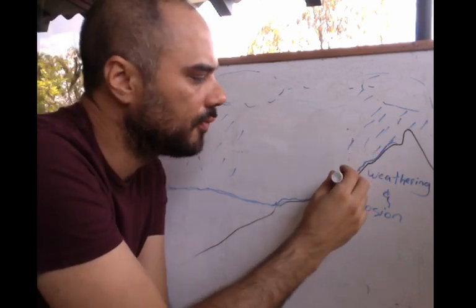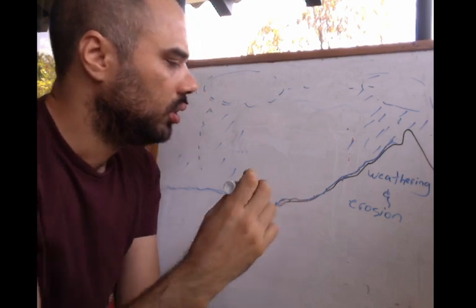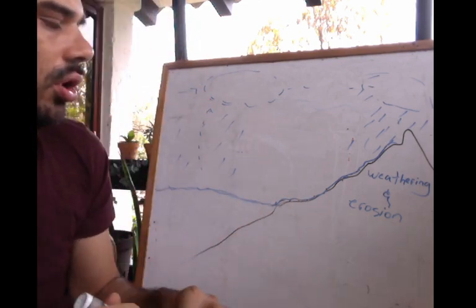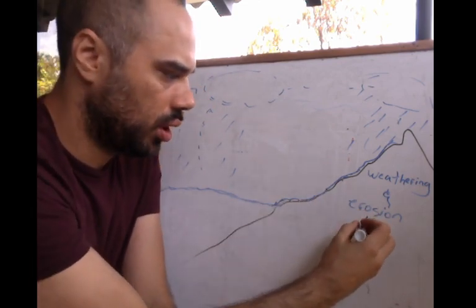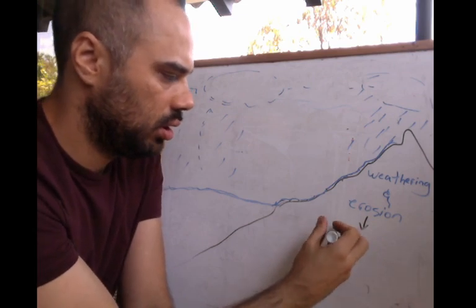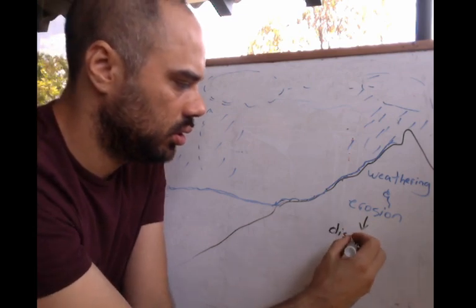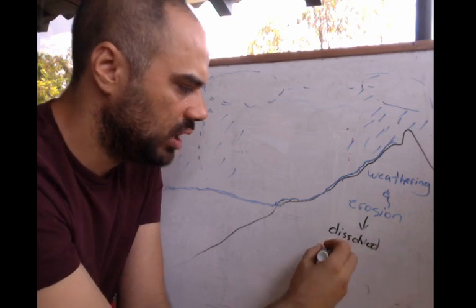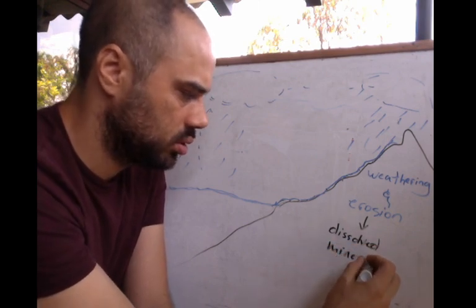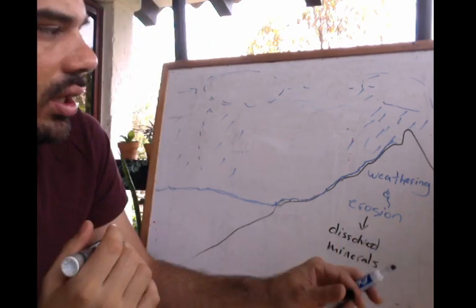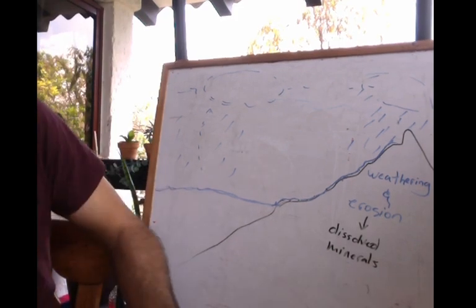It also moves soil. So through weathering and erosion, we are having dissolved minerals moving from the land to the water.